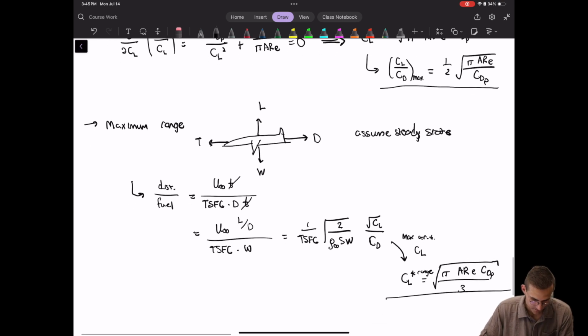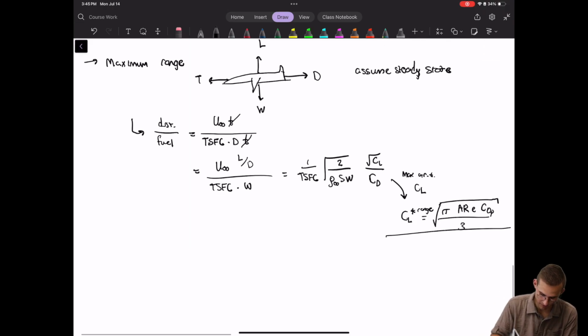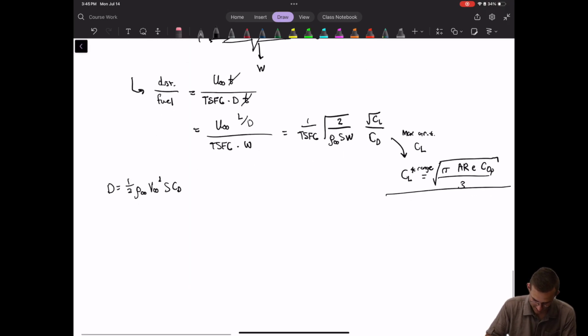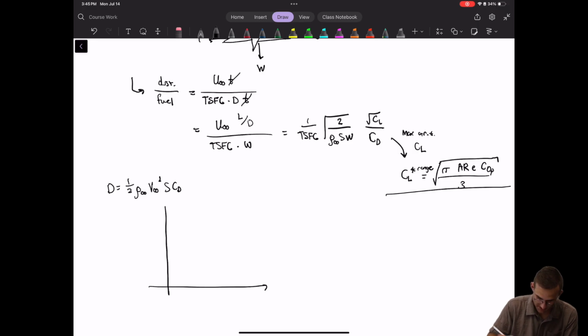So if we were to plot, and we can see this on the plot, the rho infinity V infinity squared S CD, right, this is what the drag is. If I plot the drag as a function of our free stream flow velocity, which is our cruising speed, V infinity, then you end up with something that looks like this, right?